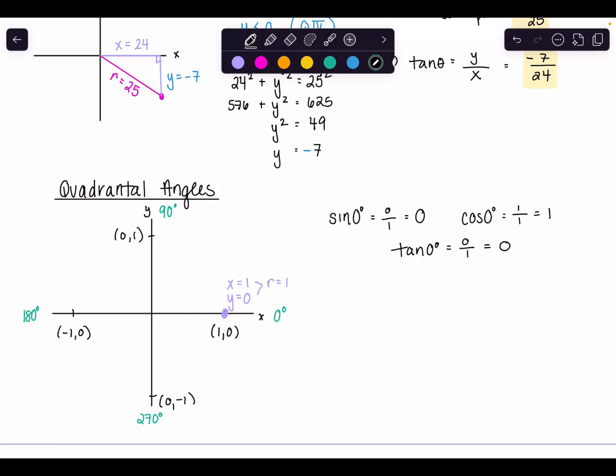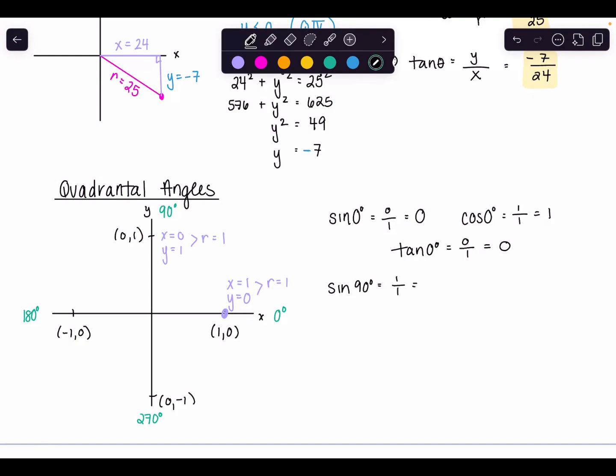Moving on to 90 degrees, here your x is 0, your y is 1, which again gives you 0 squared plus 1 squared is r squared. So your r is also 1. So when we look at sine of 90 degrees, that's y over r.